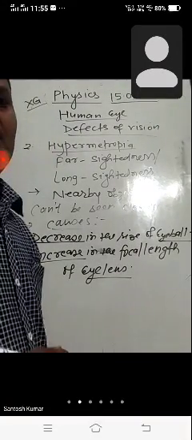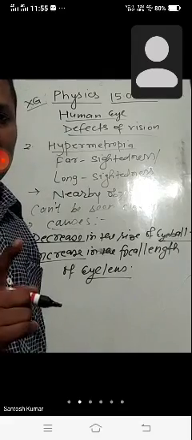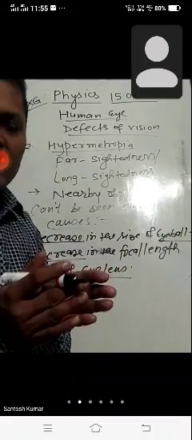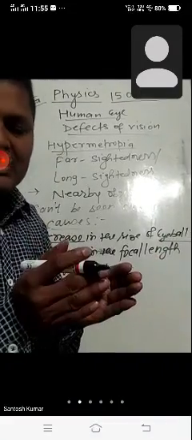What had happened in the case of myopia? The image was not formed on the retina. It was simply formed in front of the retina, before the retina, due to the elongation of the eyeball. So this time it has decreased, meaning in front of, opposite will be behind or after.